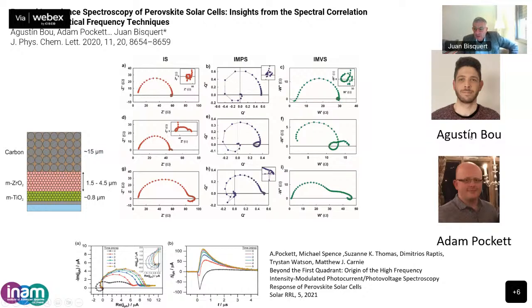Okay, so now here I show you very nice data of IMPS. These data were obtained by Agustin Bou and Adam Pockett. And now I have to warn you that this high frequency data sometimes is very problematic, because you can have artifacts and the setup can interfere with the high frequency measurements in perovskite solar cells. But this is very safe, because you can see data also from Adam Pockett, in which time and frequency domain were giving correlated characteristics.